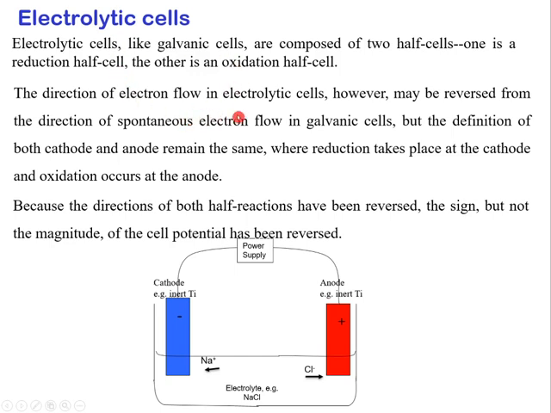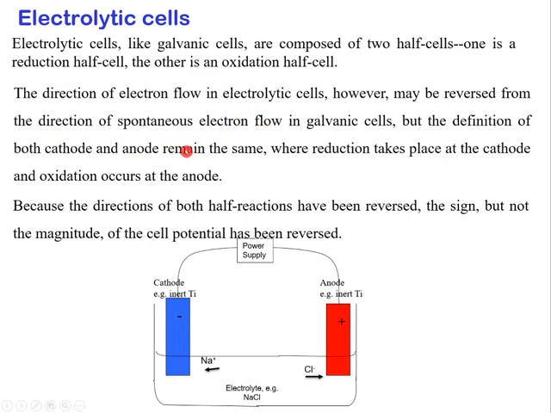So in an electrolytic cell, the flow of electrons is opposite from a galvanic cell. The reason being a spontaneous reaction will go in the forward direction, while the electrolytic cell will go backwards because it is forced by an electric current.